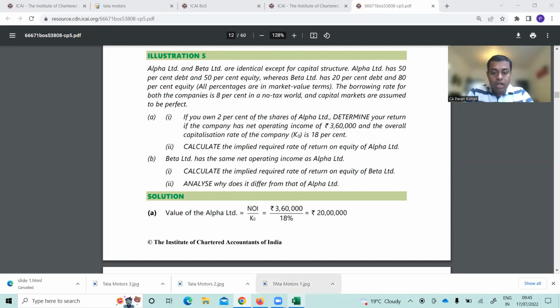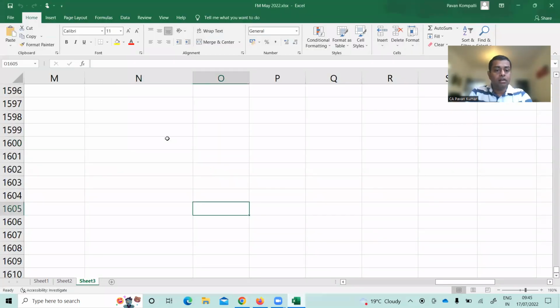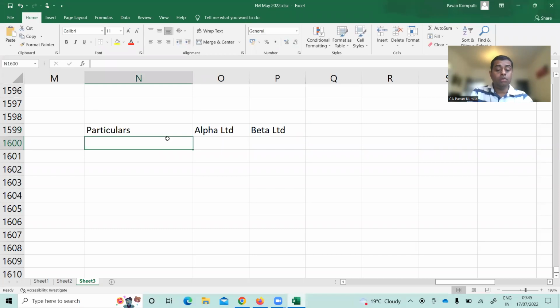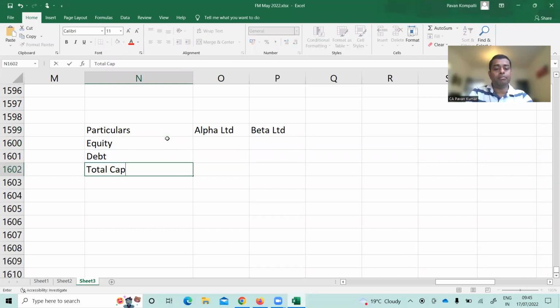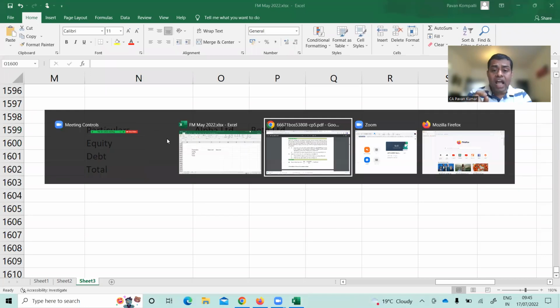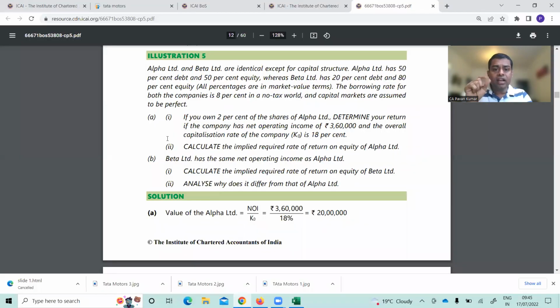Okay, now let us open a notepad and write some working notes. Particulars: Alpha Limited, Beta Limited. Equity, debt, total capital employed. Alpha has 50-50, Beta 20-80.